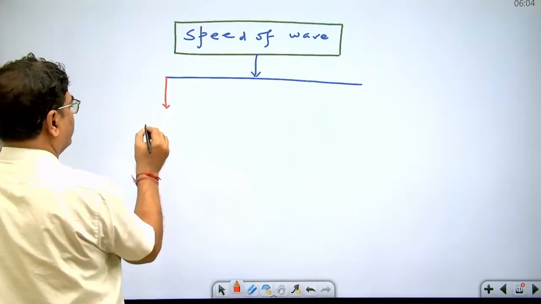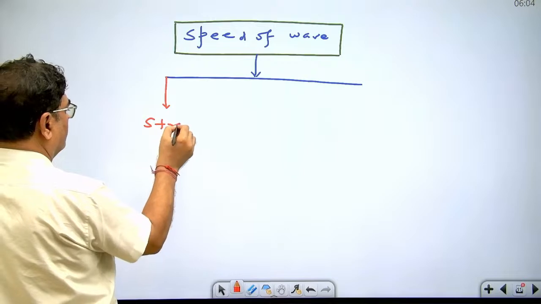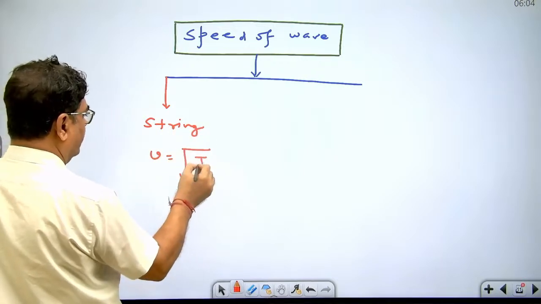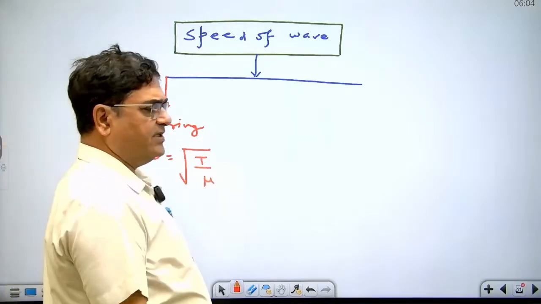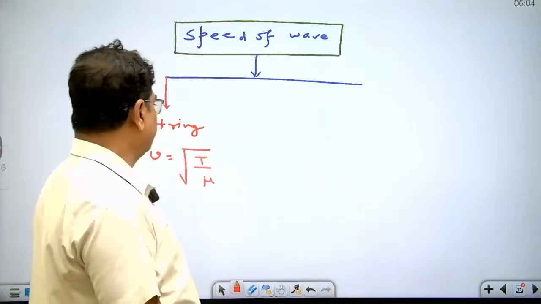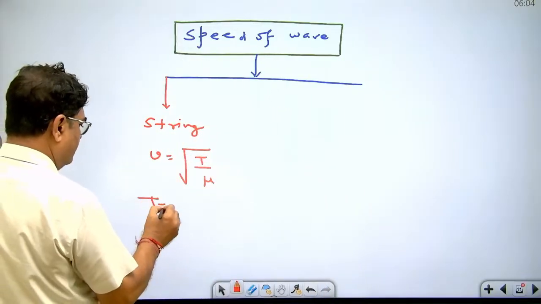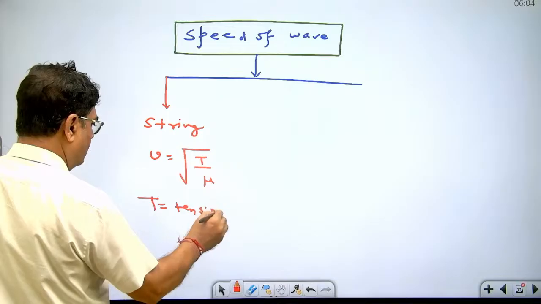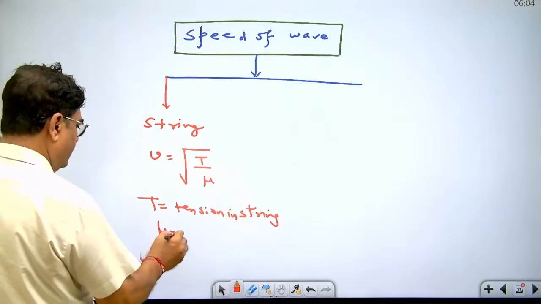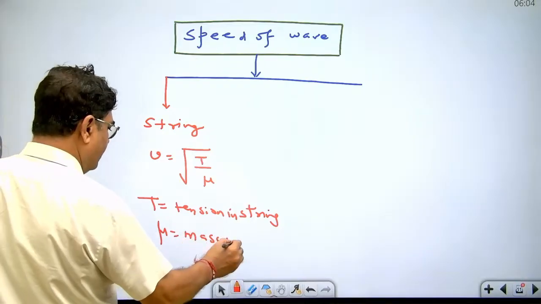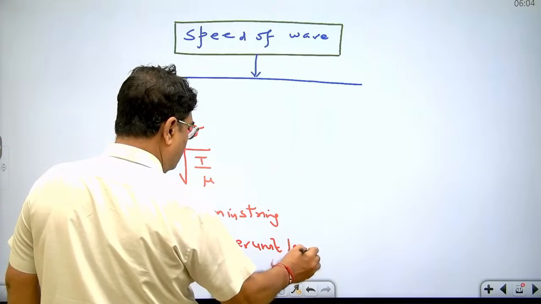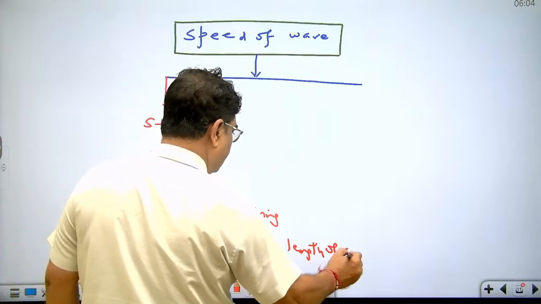Speed of wave in string is written as V equal to under root T upon mu, where T is the tension in the string and mu is the mass per unit length of the string.